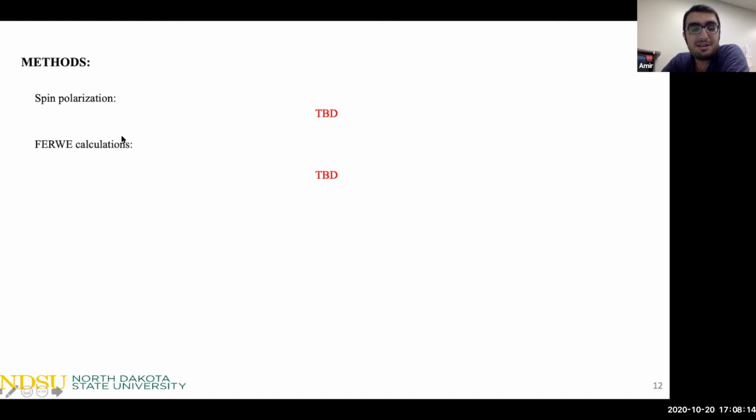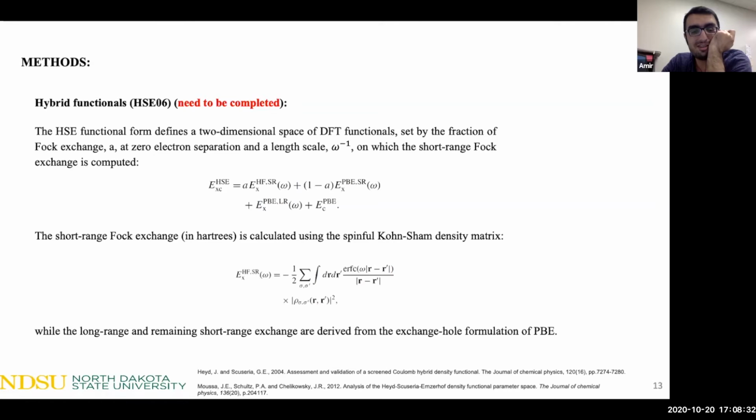But I am not sure about the reference for the Fermi calculation. So if somebody can provide me some tips on how to write the method section for the Fermi calculation, it could be very useful. And also the method section related to the hybrid functional, I need to add them in detail.